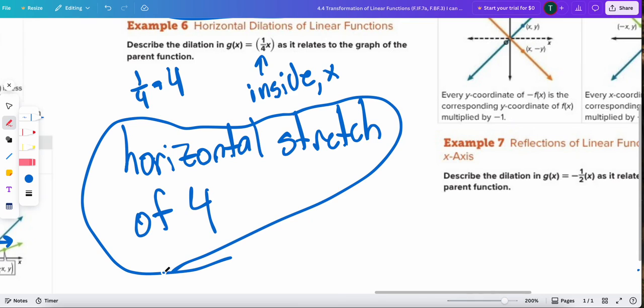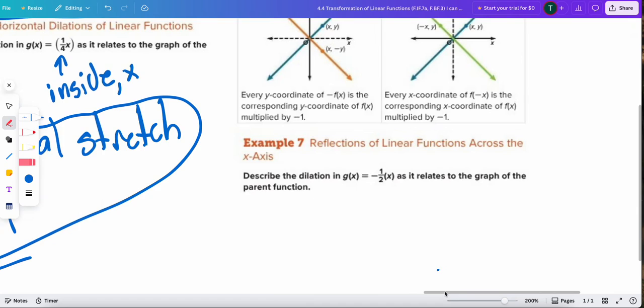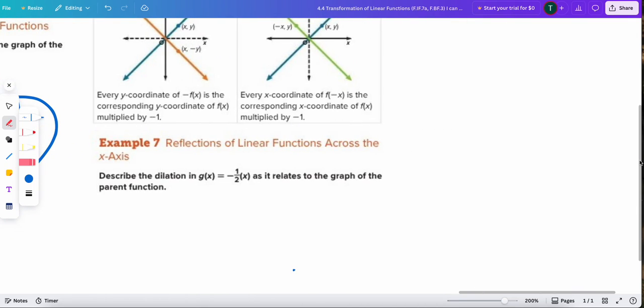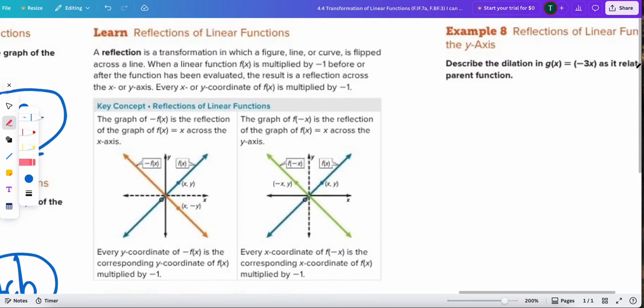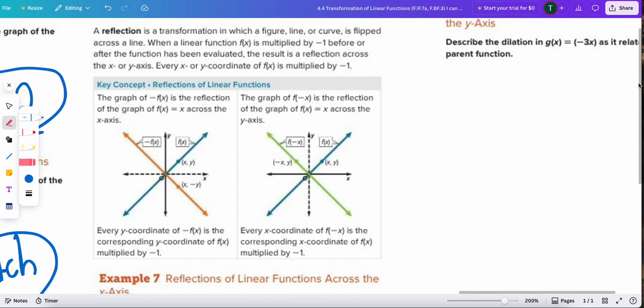So here, for this next part, we also have reflections. So a reflection is a transformation in which a figure, line, or curve is flipped across a line. When a linear function, f of x, is multiplied by -1 before or after the function has been evaluated, the result is a reflection across the x or y axis.